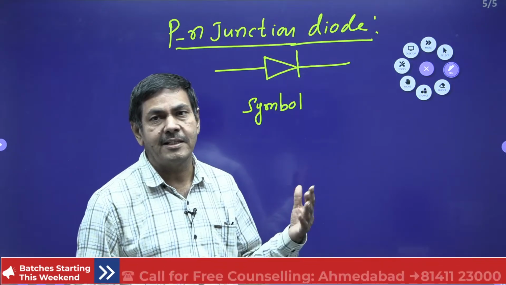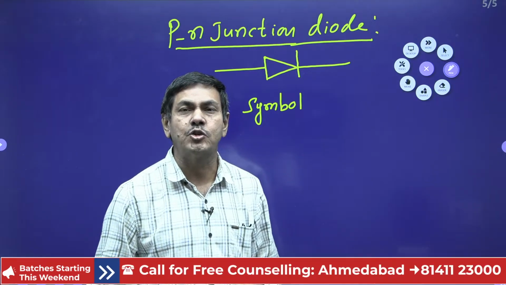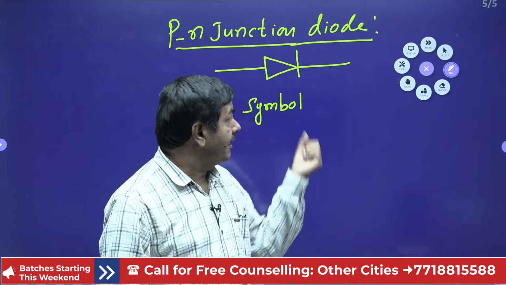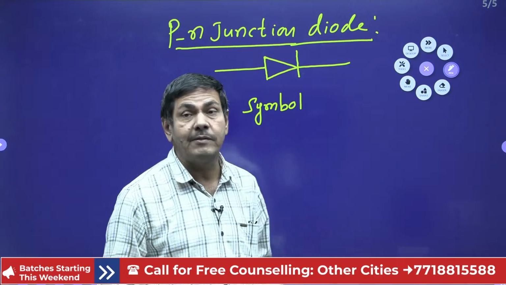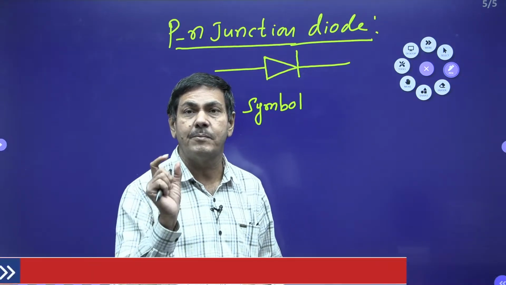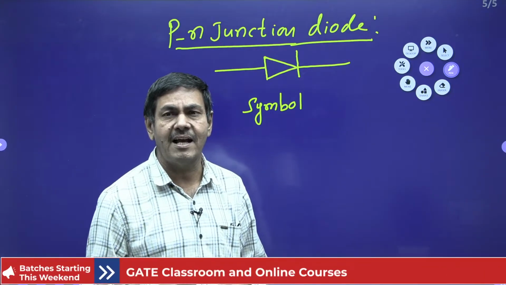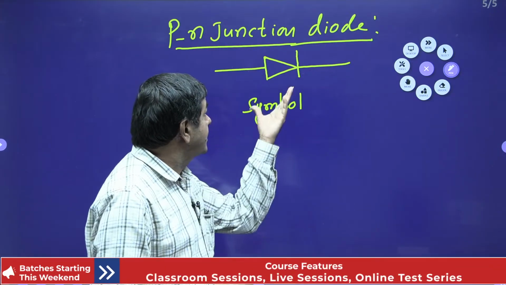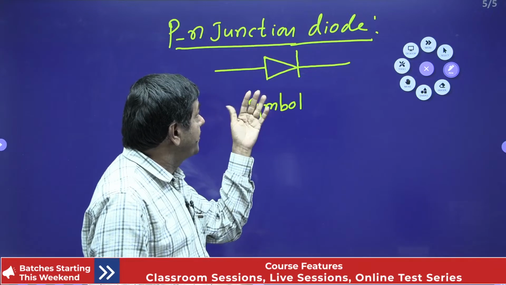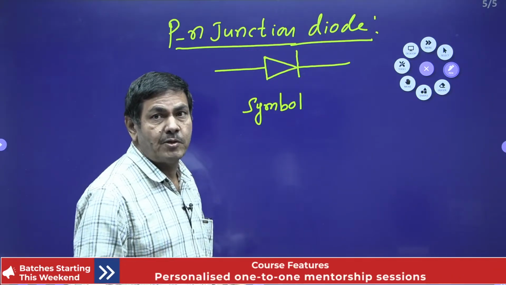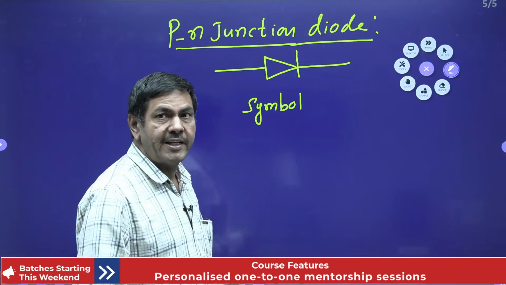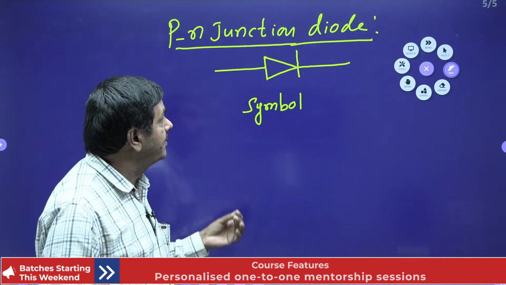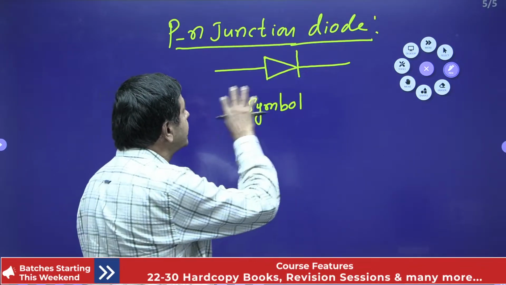The size of that is very large, and it also consumes more power. But with the arrival of the crystal diode, the size of the diode became very small, a concise size is possible, and the power consumption is also very much less compared to vacuum diodes. Anyhow, this is the symbol.